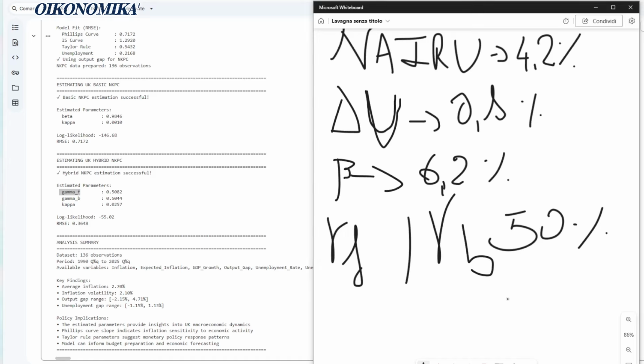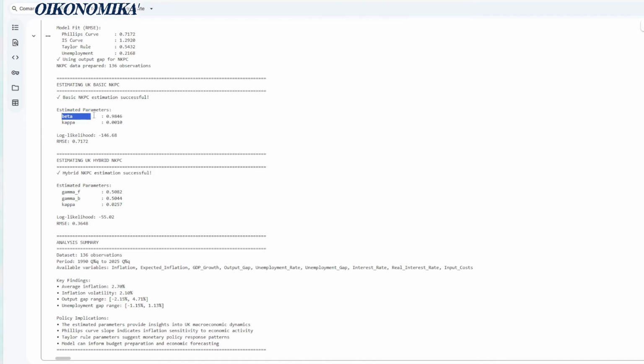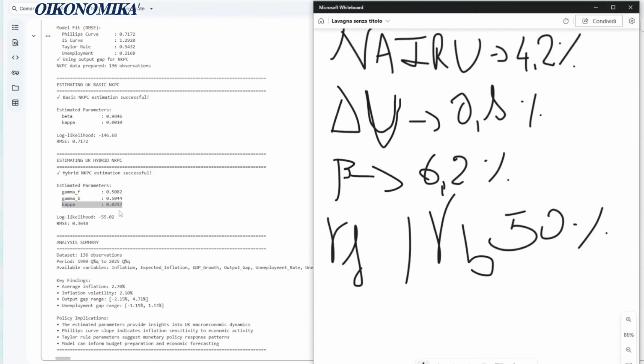Then, of course, what is the important variable for the Phillips curve is the slope of the Phillips curve, which we have here. So here you see that the basic model gives us the beta and the kappa parameter. So the K or kappa parameter, it's quite small. So it means that the slope of the line is very flat. It's almost completely horizontal, close to zero.